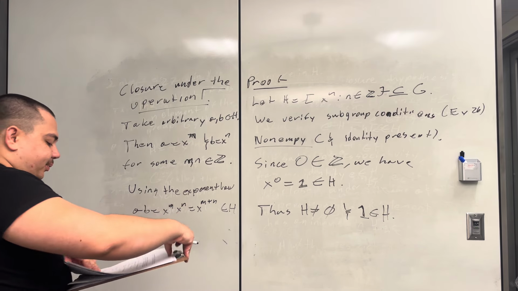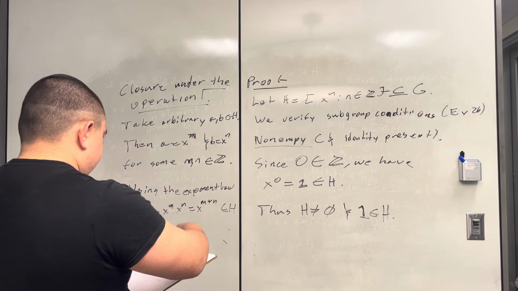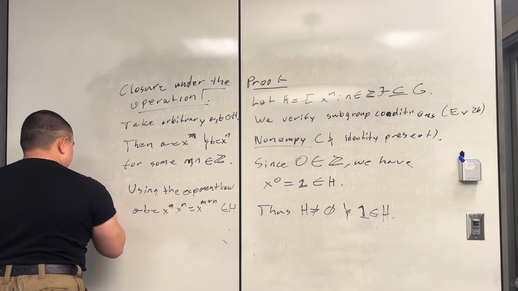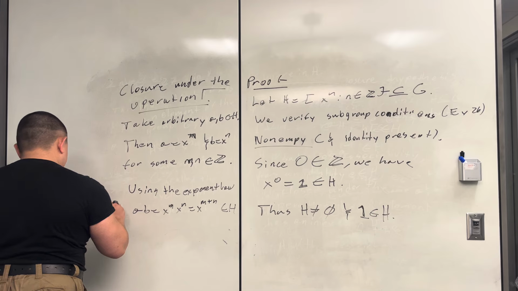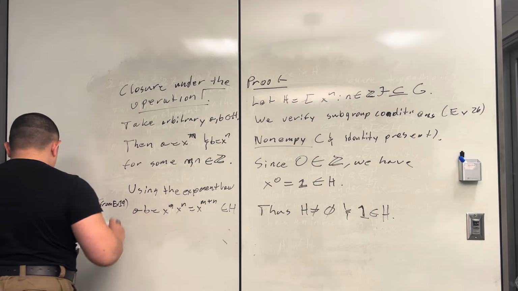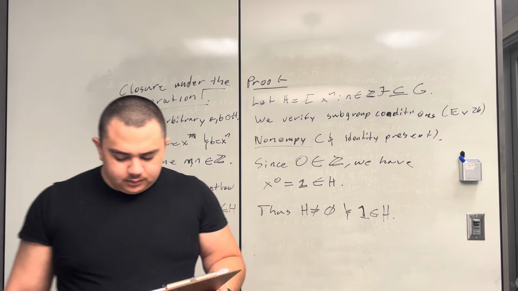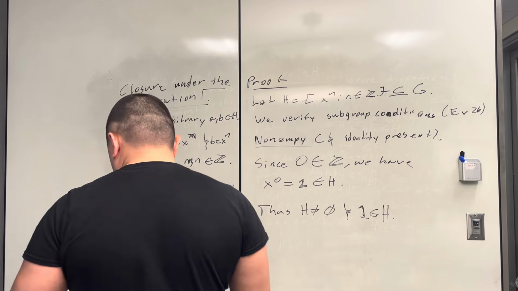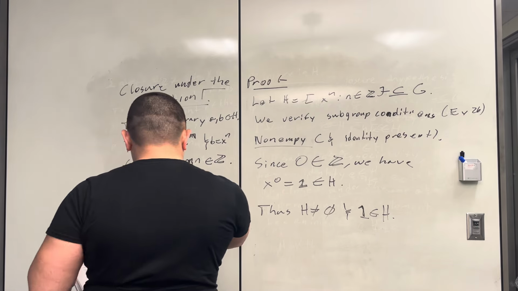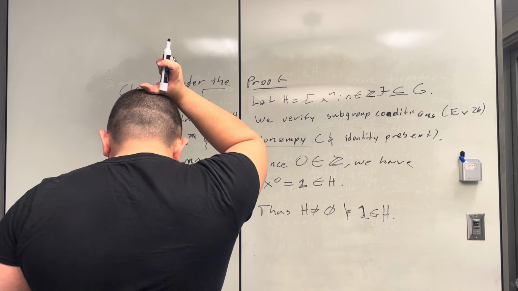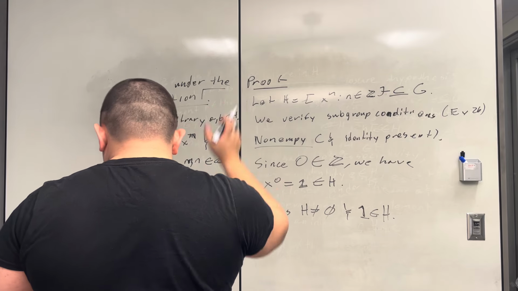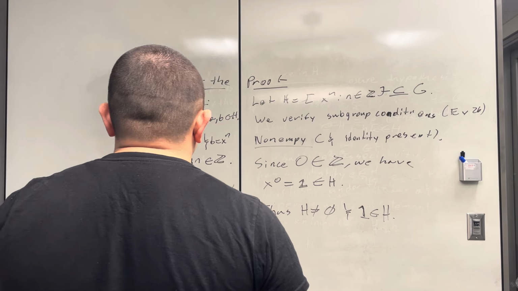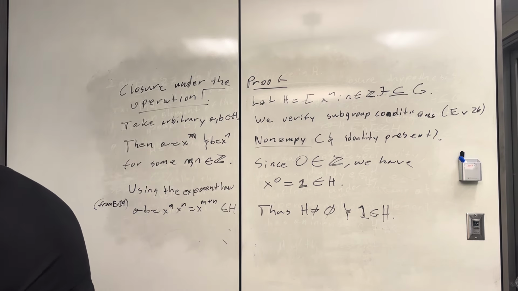It was literally the first part of exercise 19, so you can just use the exponent law from there. Yep, okay. Now, we do have closure under the operation. It is also within H, and it follows from what we've already done. So we have closure within H.